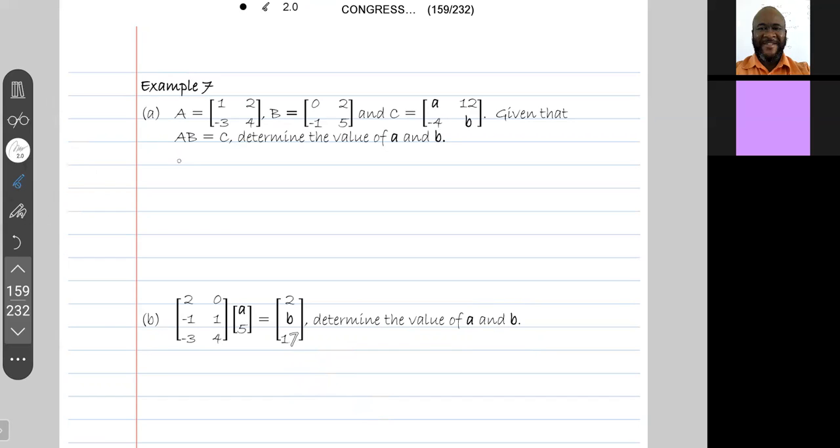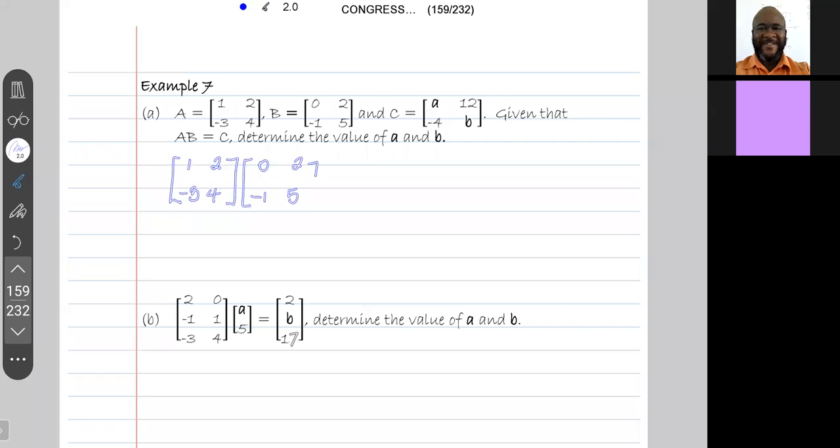We're told that AB, so A is 1, 2, minus 3, 4, multiplied by B, which is 0, 2, minus 1, 5.